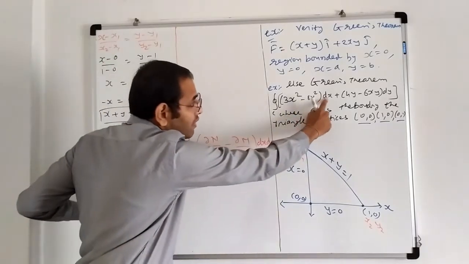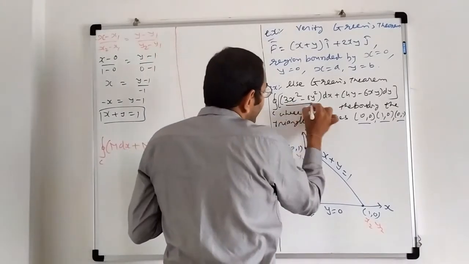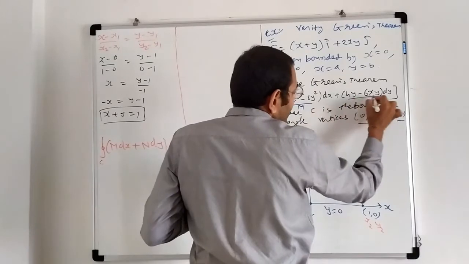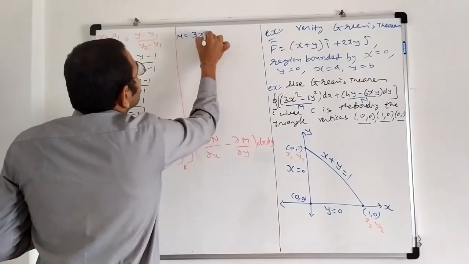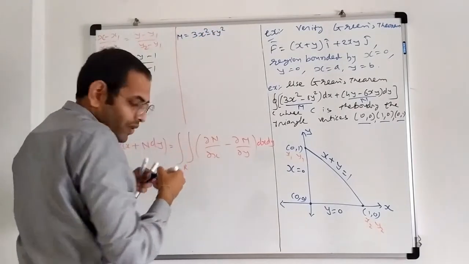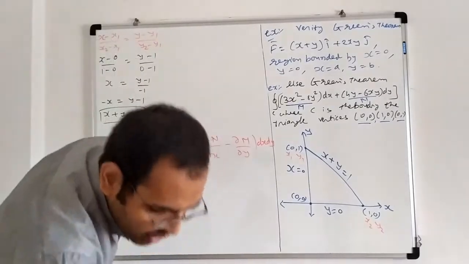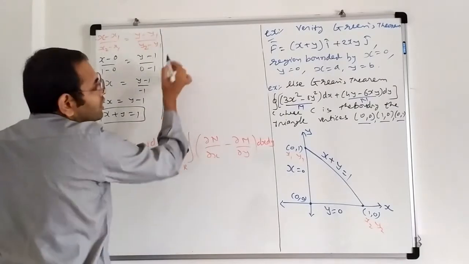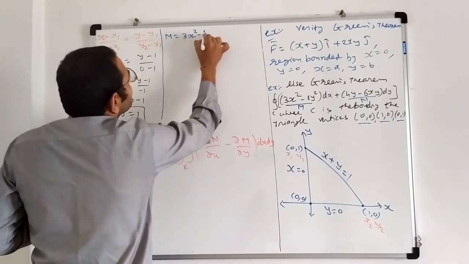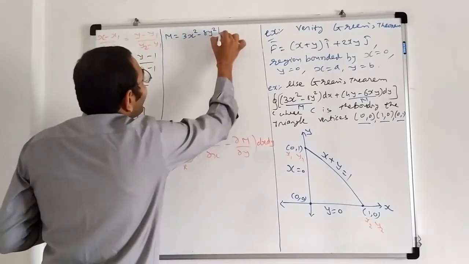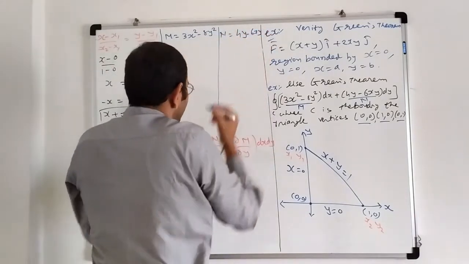The term multiplied with dx is indicated by M, and the term multiplied with dy is N. Then we have M equal to 3x square minus 8y square and N equal to 4y minus 6xy.